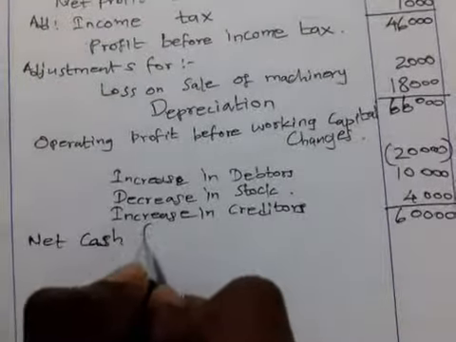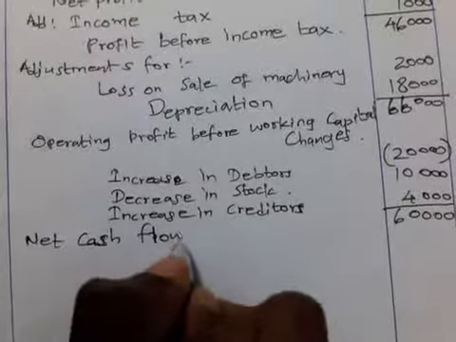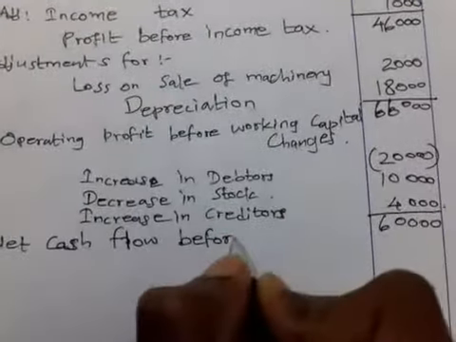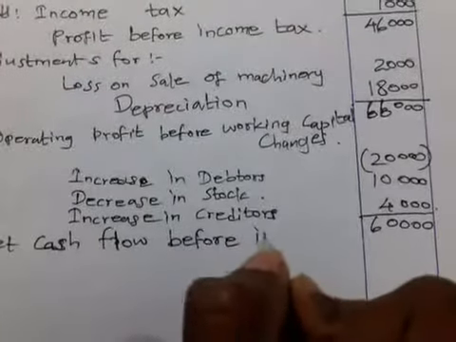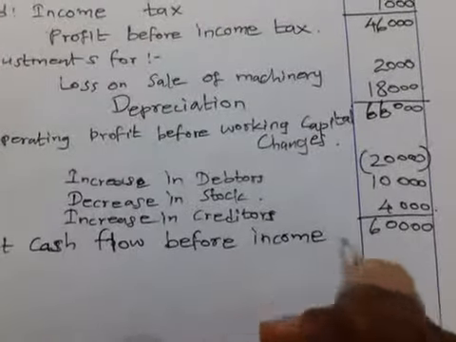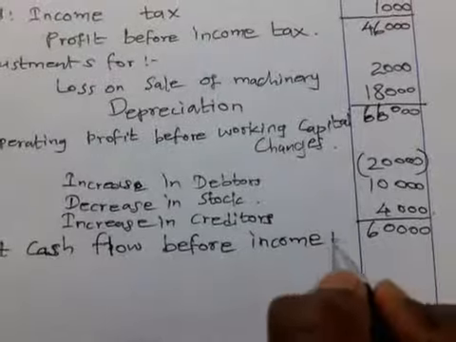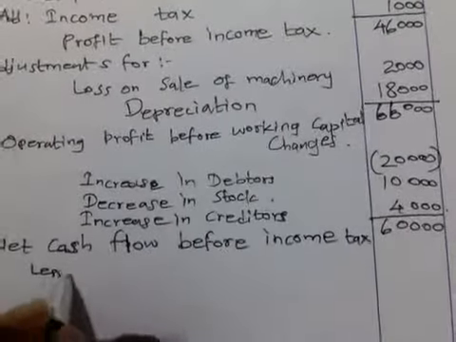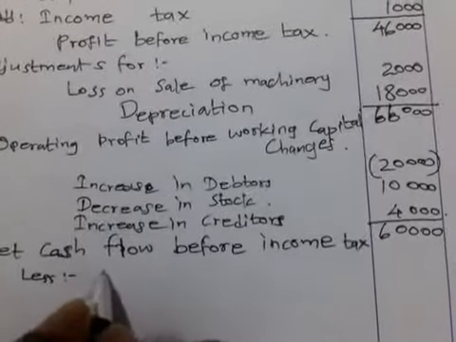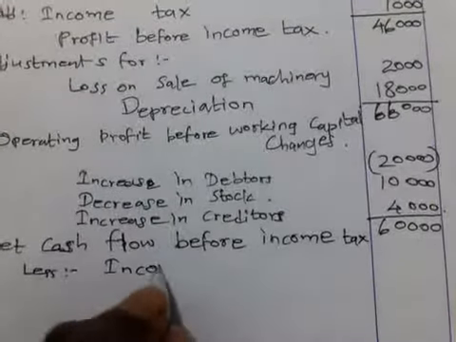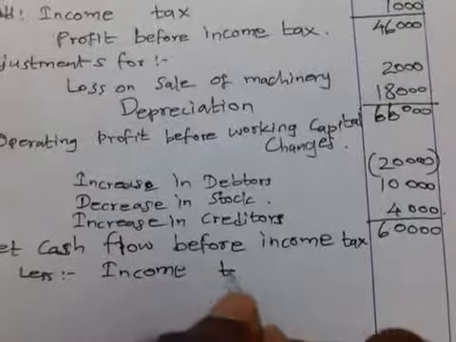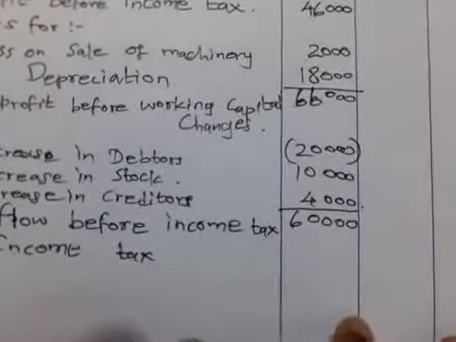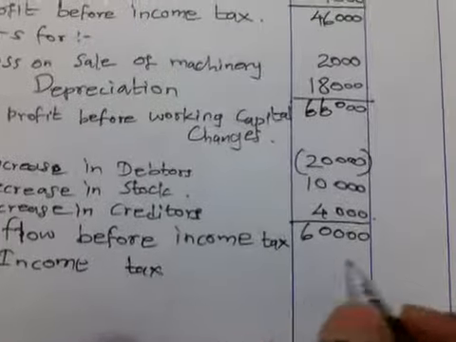Net cash flow before income tax. We have to deduct the income tax paid amount. Because we paid already, cash going out, 1,000.